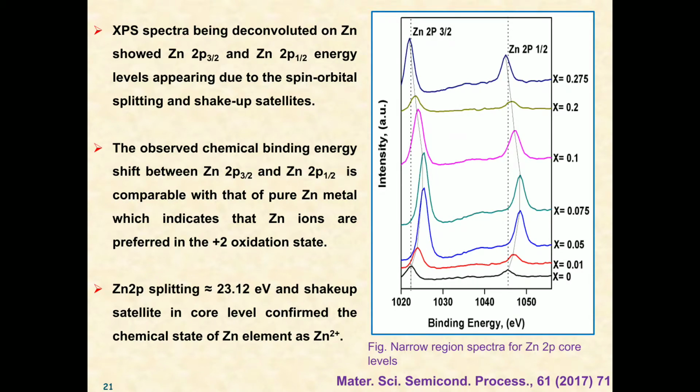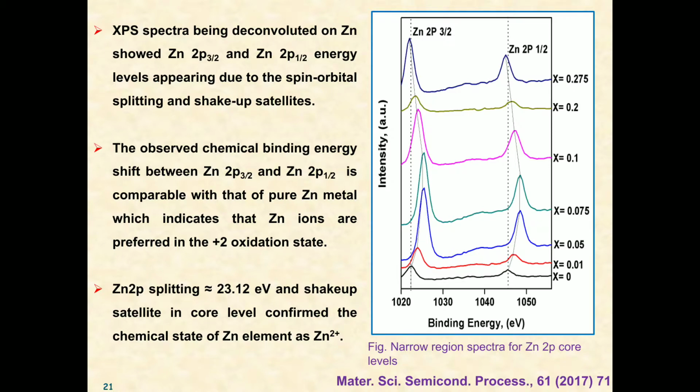The second observation is that the observed chemical binding energy shift between Zn 2p3/2 and Zn 2p1/2 is comparable with that of pure Zn metal, which indicates that the Zn ions are preferred in the +2 oxidation state.